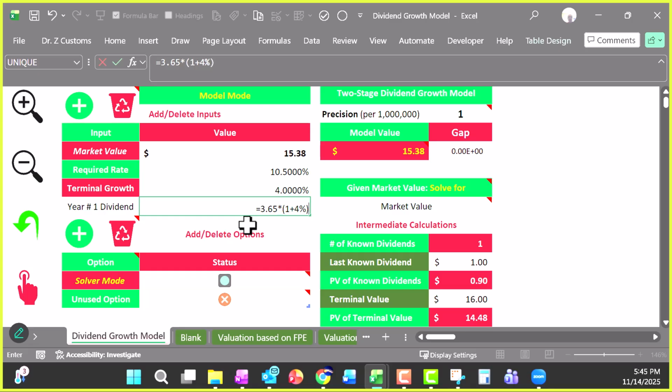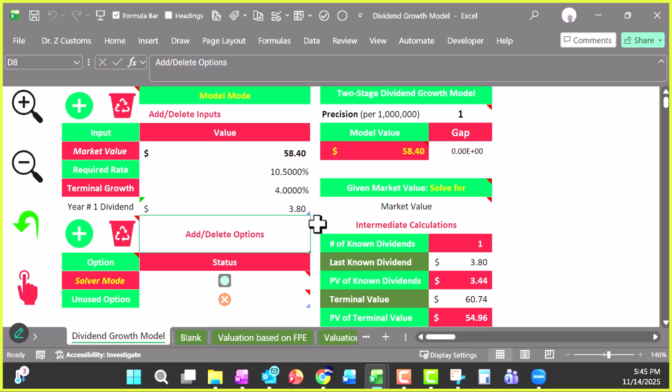You could also write times 1.04, but I find this less error prone. You don't have to worry about the decimal version of 1 plus something percent. So next year's dividend is going to be 380.